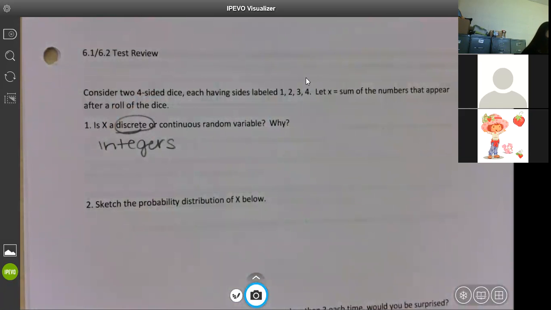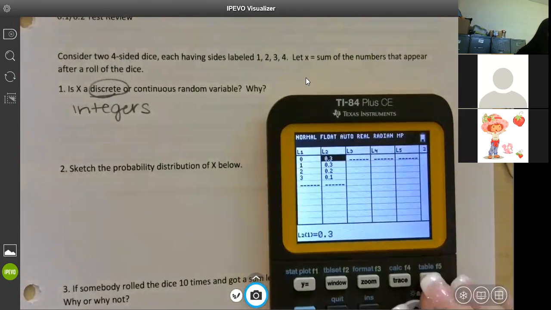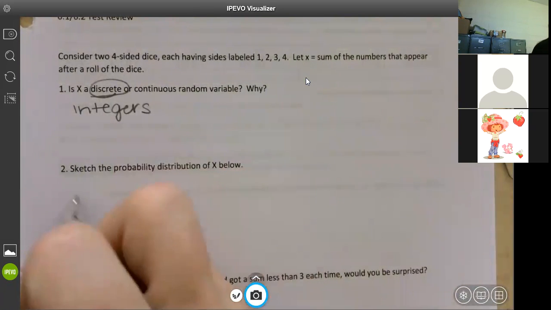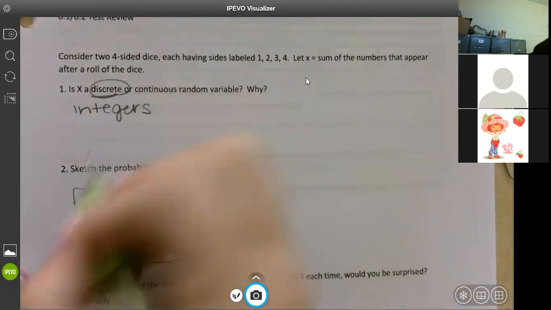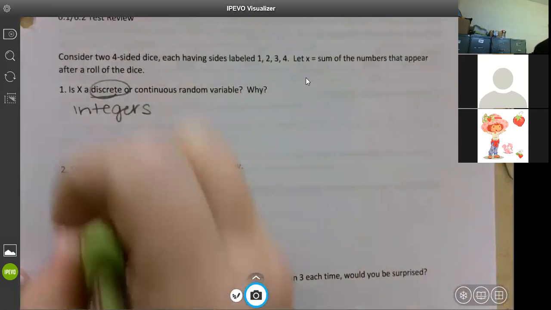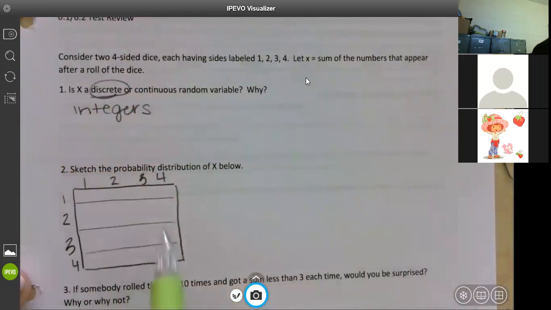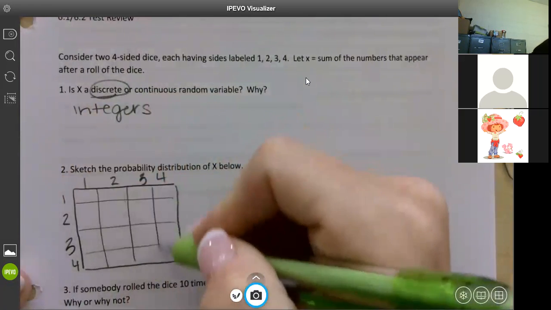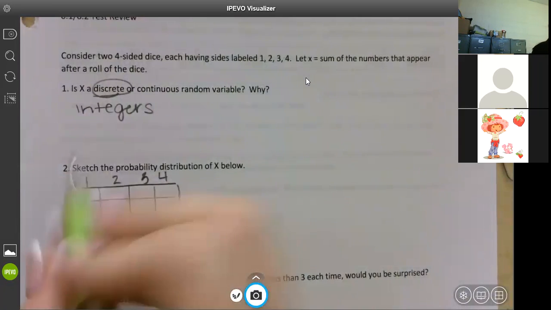All right. So then the next one says sketch the probability distribution of X. We talked about this, and I'm going to show you how to do it on your calculator one more time. Oh, sorry, we have to do our probability distribution first. So we're rolling dice, and we have 1, 2, 3, 4 and 1, 2, 3, 4. And we're talking about sums. So what would this first sum be?